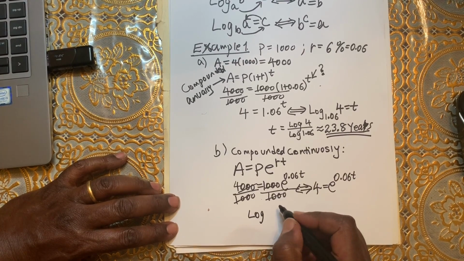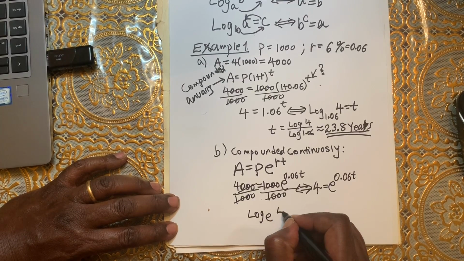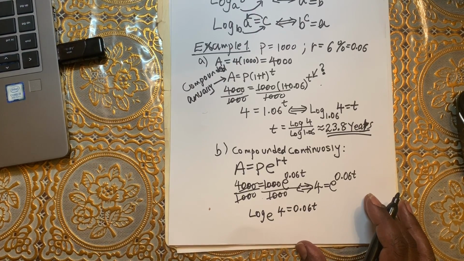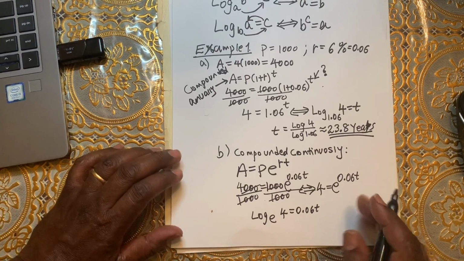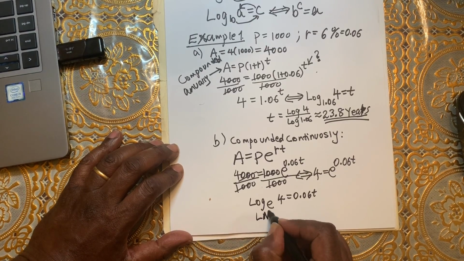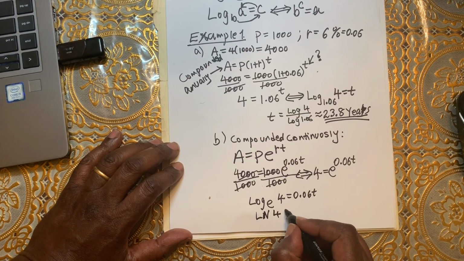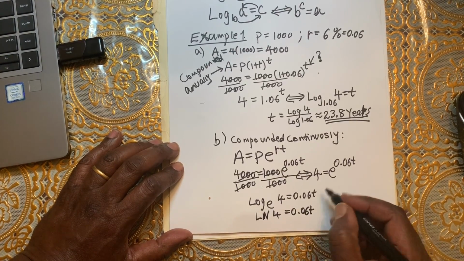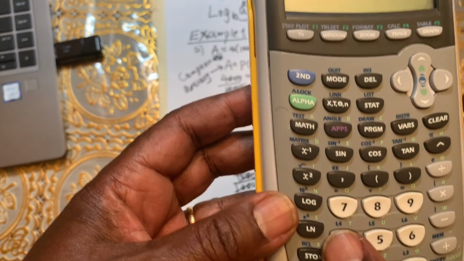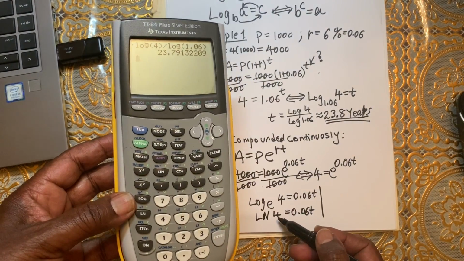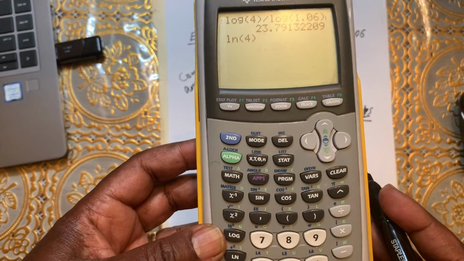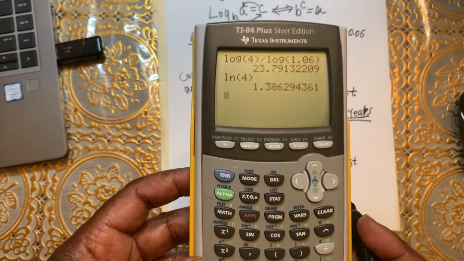Log of base e of 4 equals 0.06T. But log of base e of 4 is ln, the natural logarithm. So ln of 4 equals 0.06T. ln is found just below the log function in the calculator. So I find ln of 4, which is 1.386.